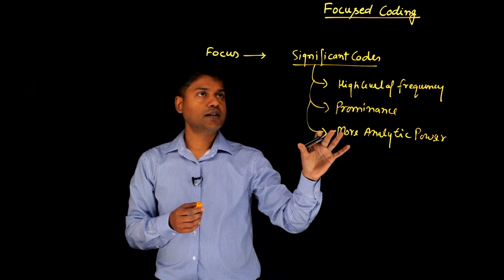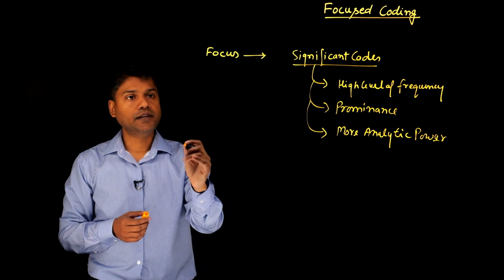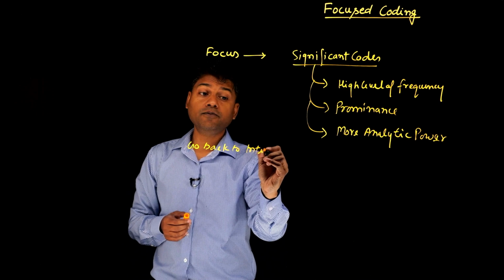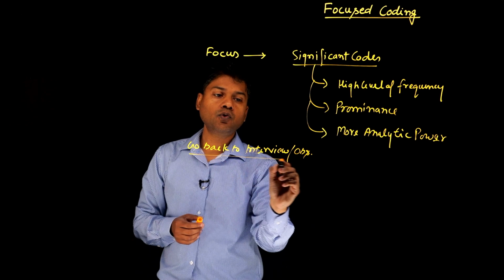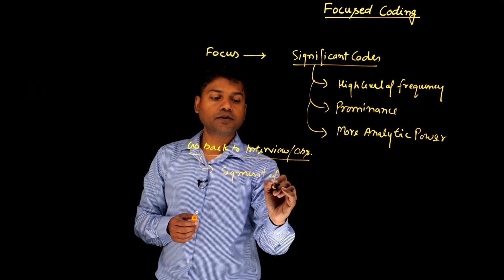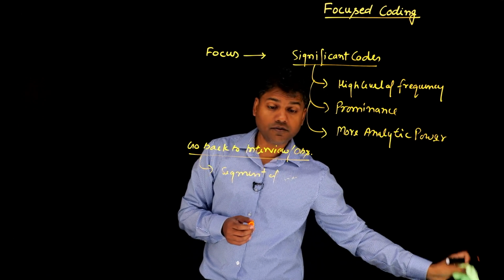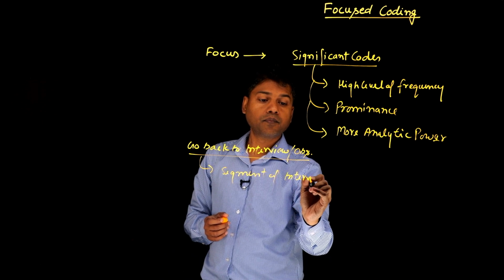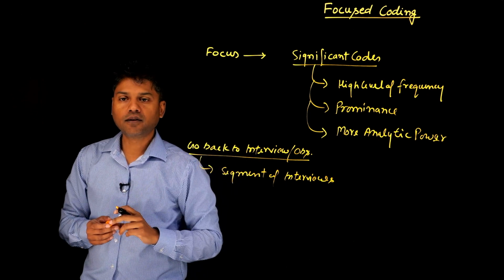So let's say you selected some codes which you think are very significant, and then you go back to the data. Maybe your interview data, or let's say observation data. You go back to the segments of the data, the interviews, or maybe the observation data, and look at those segments of data again.